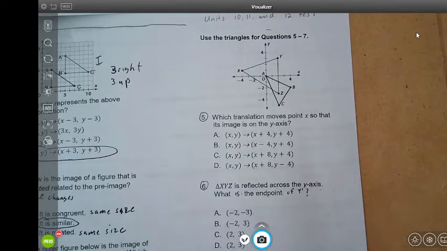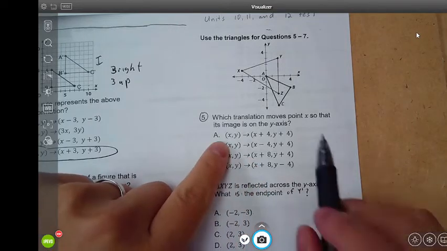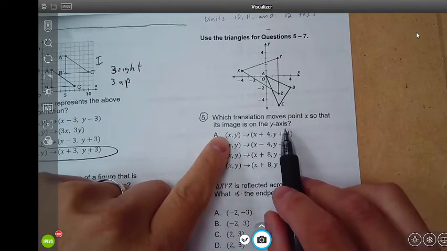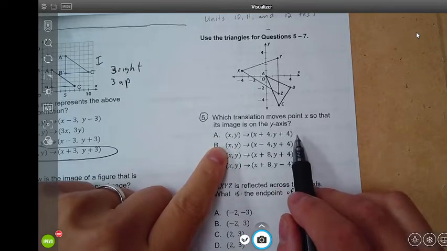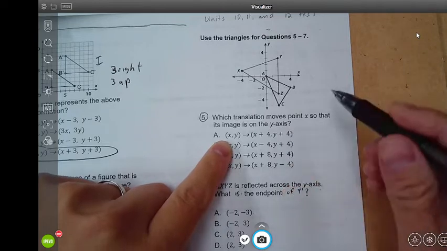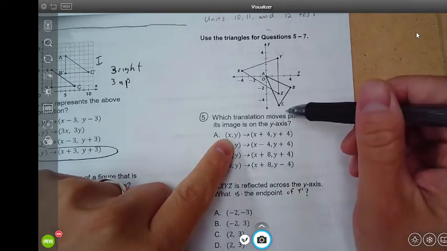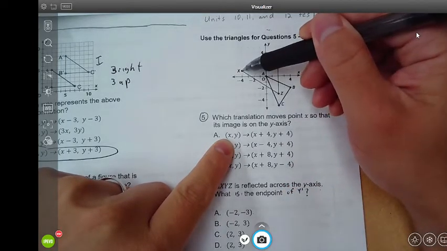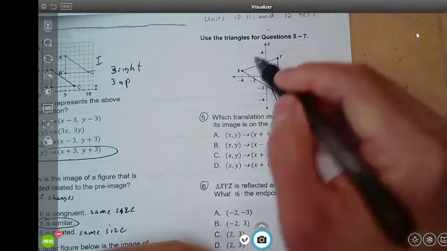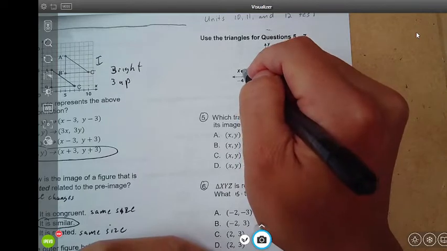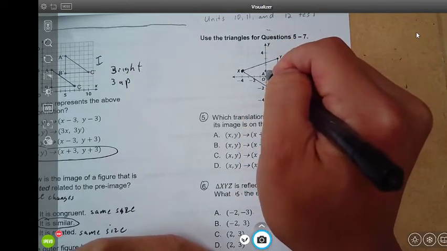Which translation moves point x so that the image is on the y-axis? Here's point x. If you want it on the y-axis, you want point x right there.